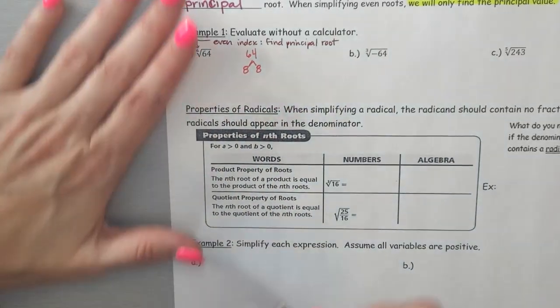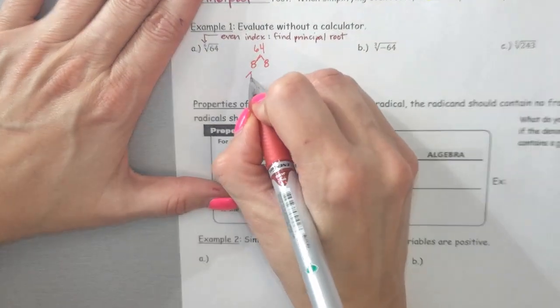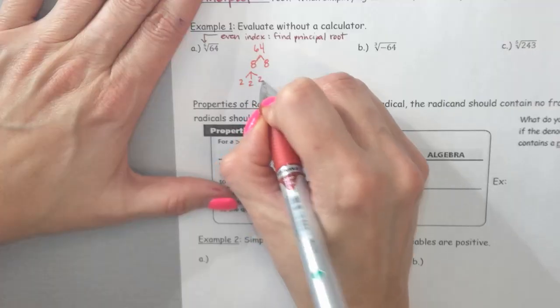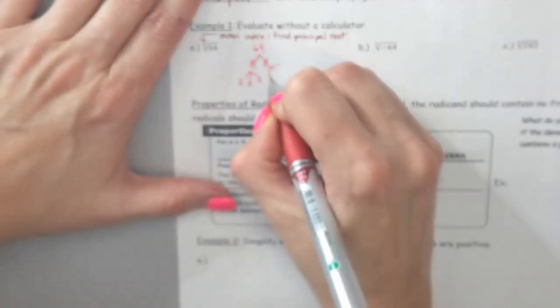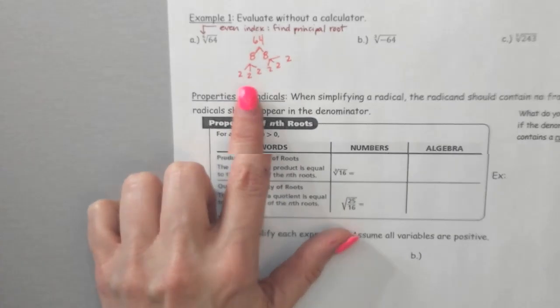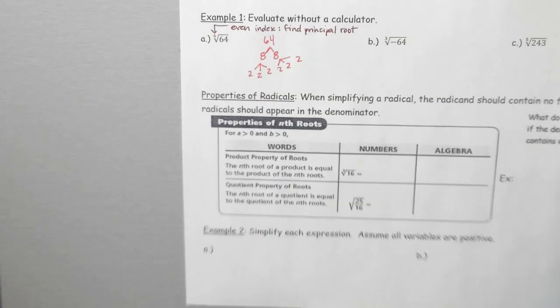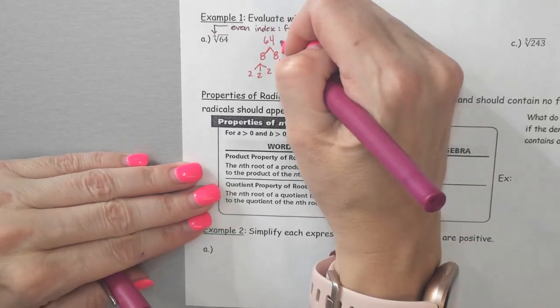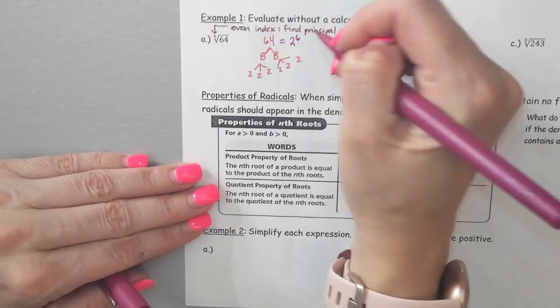And because we've been working with perfect cubes, we should also know that 8 is 2 times 2 times 2. So what you've done is you have broken this down so that now you can see that 64 is the same thing as 2 to the 6th power, because there's 1, 2, 3, 4, 5, 6 2's.